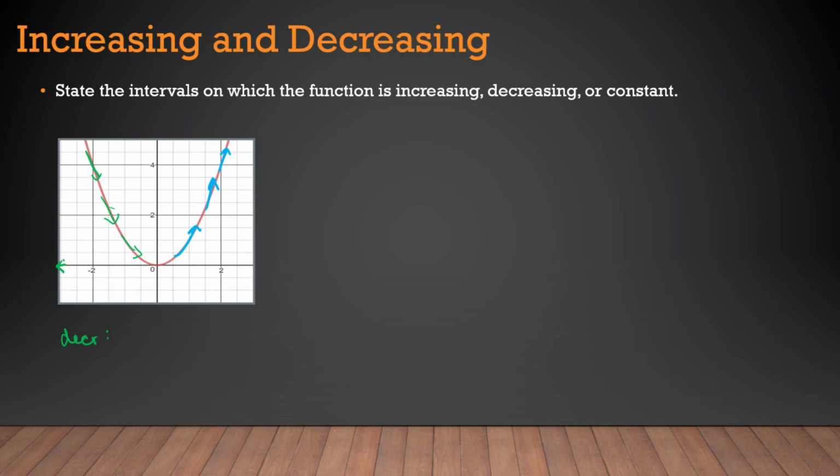Remember, all the way on this side is negative infinity, so we are always going to use the x values when it asks for the interval on which the function is doing something. We're talking about the x values for which that's occurring. So we're going to go from negative infinity all the way to where it turns around. And that means it's going to be increasing from that turning point all the way to positive infinity.